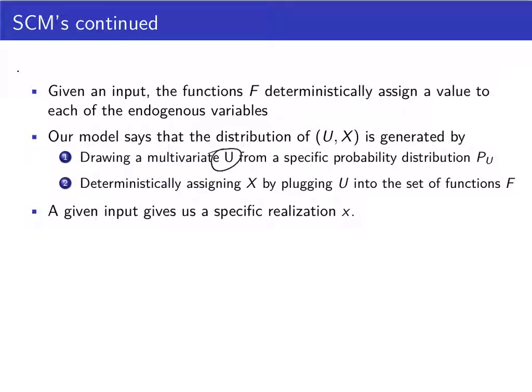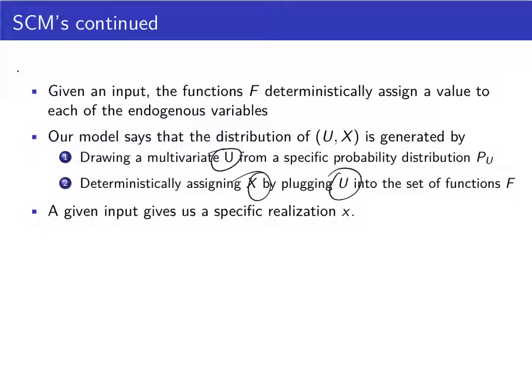Now, in practice, we never know them, right? We have to try to discover aspects of them from the data. But once I know u, and once I know the parents of x, then that variable is a deterministic function. It always will be the same number.